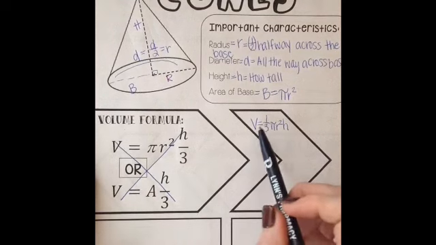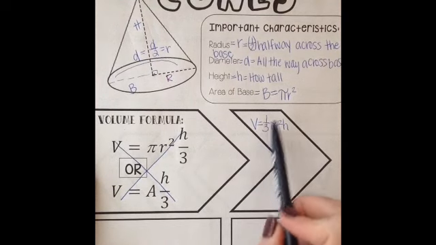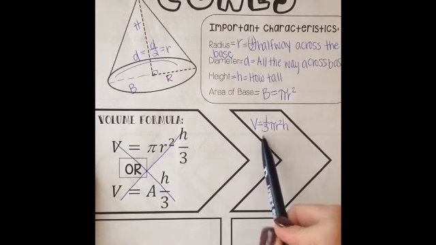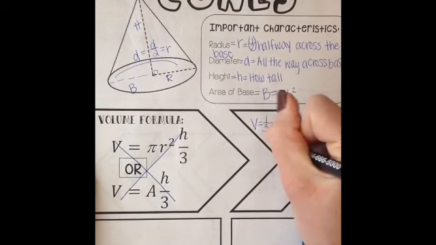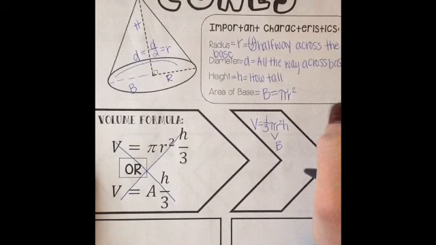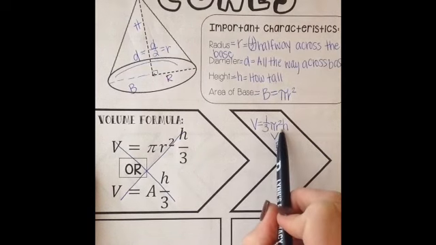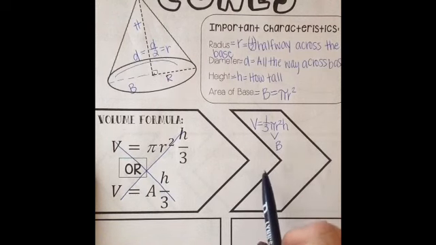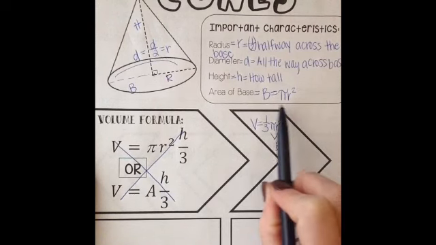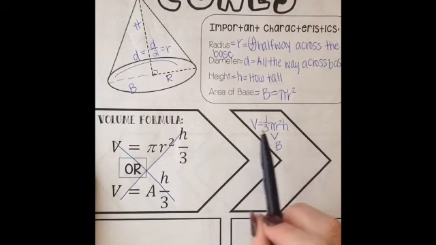When you see this on your formula chart, it may say 1 divided by 3 and then Bh. Well, we know that pi r squared is the big B. So if we write it out like this and train our brains to see it that way, it'll make it a lot easier for you to know what to plug in. This is the formula that we're going to be using for all of our cones.